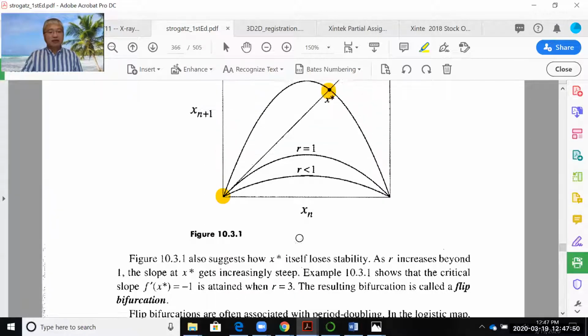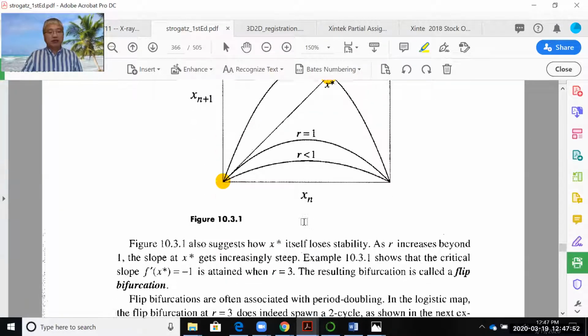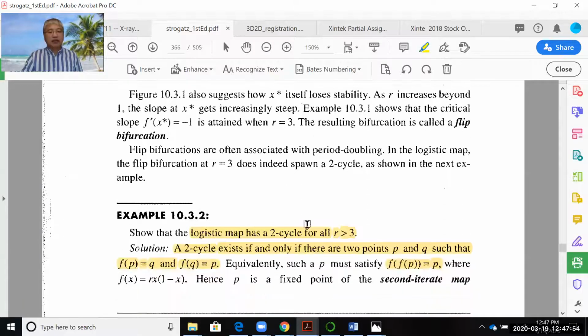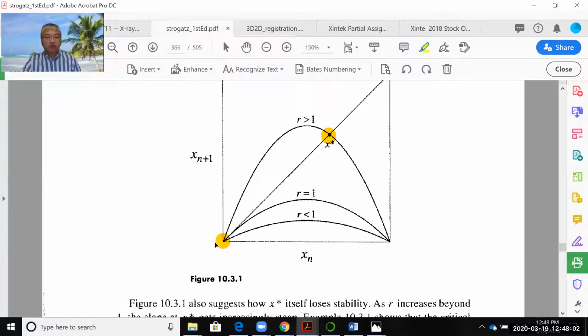Now, once it's beyond r equal to 3, these two fixed points are no longer stable, so both are unstable.